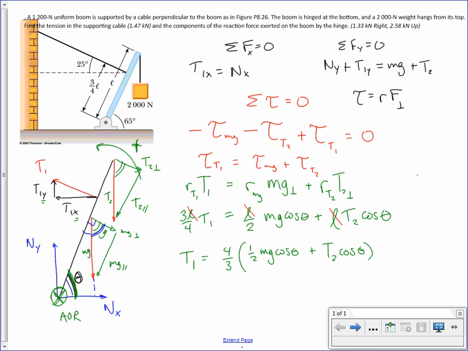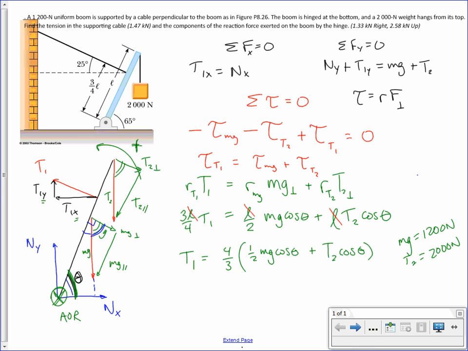Where, let's see, mg is given, right? So it says a 1200 Newton boom. So mg is 1200. T2 is 2000 because it's a 2,000-pound weight hanging from that string.